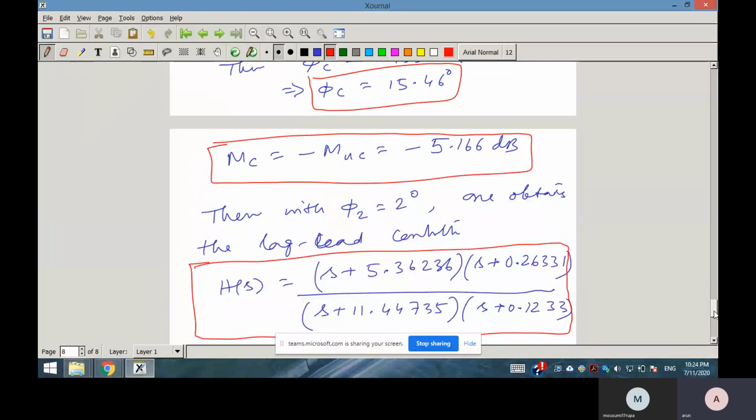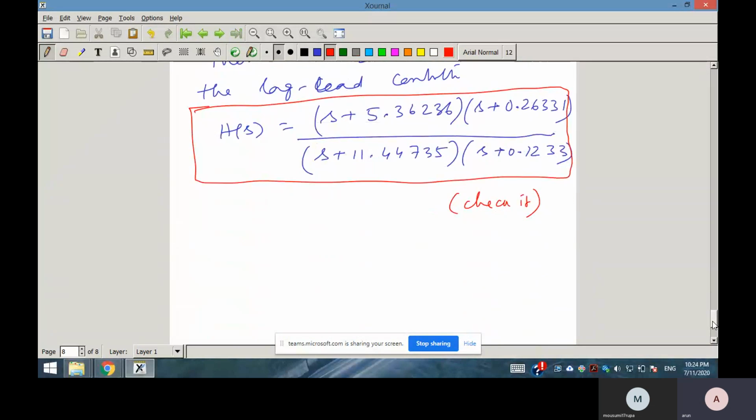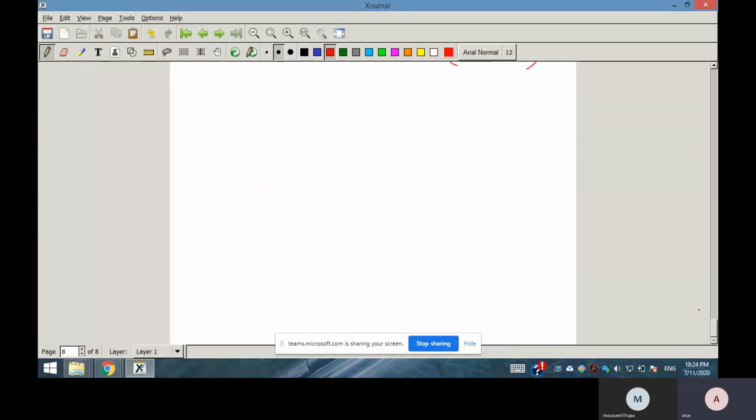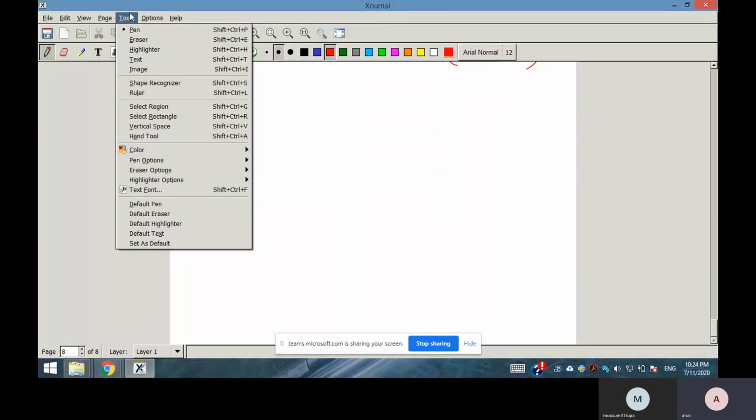So I have simulated this plant with all these three controllers, and the Bode plots and step responses I have got, I will attach here.